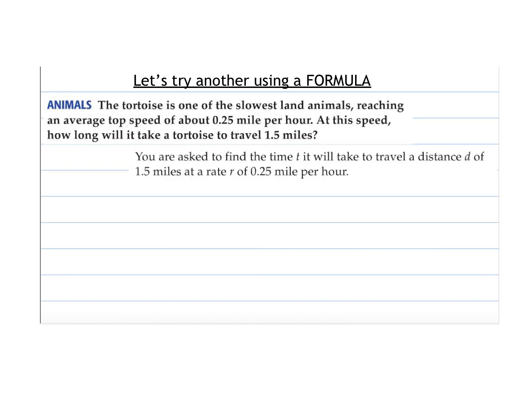All right, last one that we're going to do. The tortoise is one of the slowest land animals, reaching an average top speed of about 0.25 miles per hour. At this speed, how long will it take a tortoise to travel 1.5 miles?